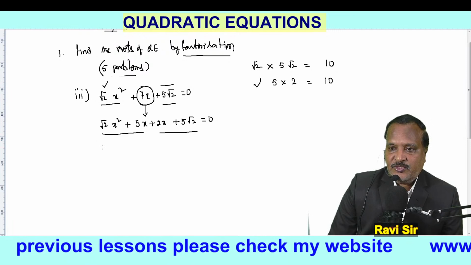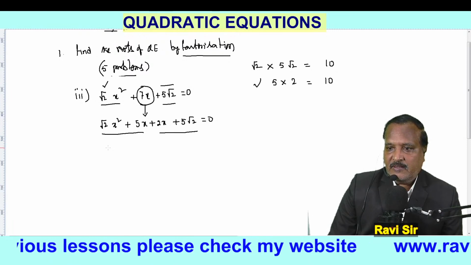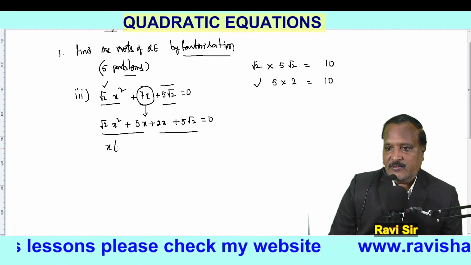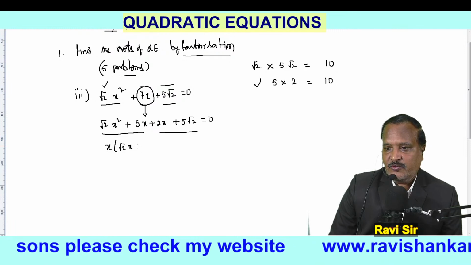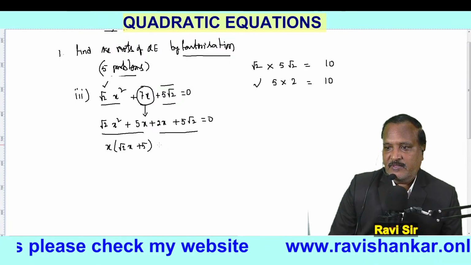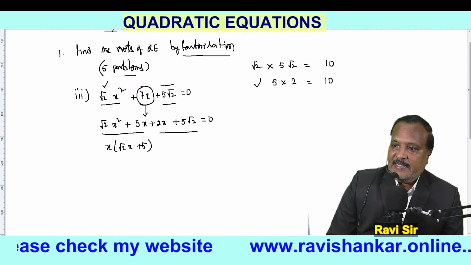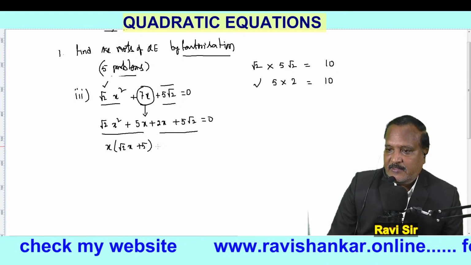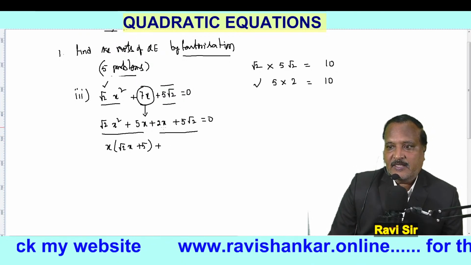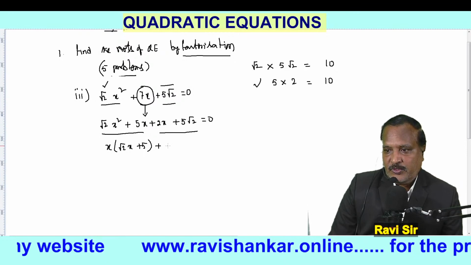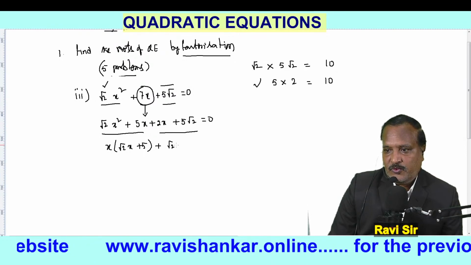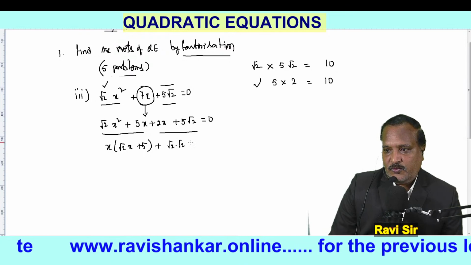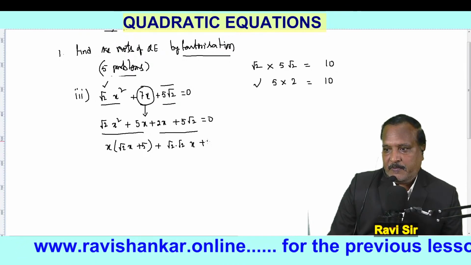In the first two terms, only x is common, so root 2 x plus 5. In the second pair, there is nothing common, so let us bring it to the form 2: root 2 into root 2 x plus 5 root 2.